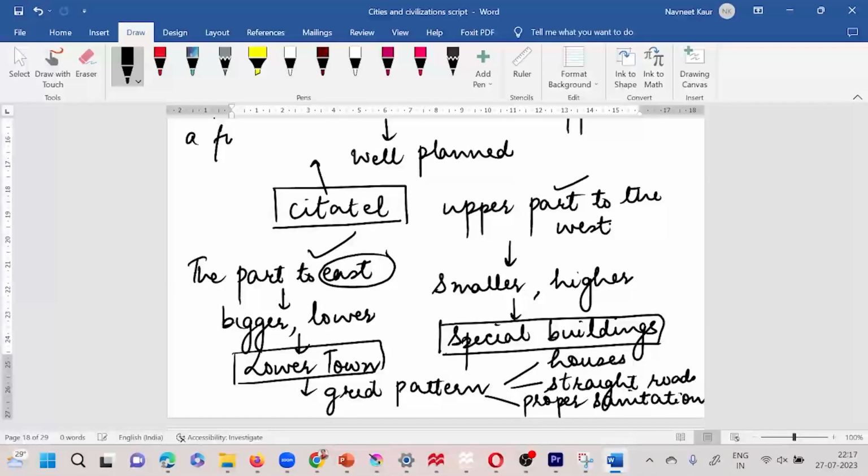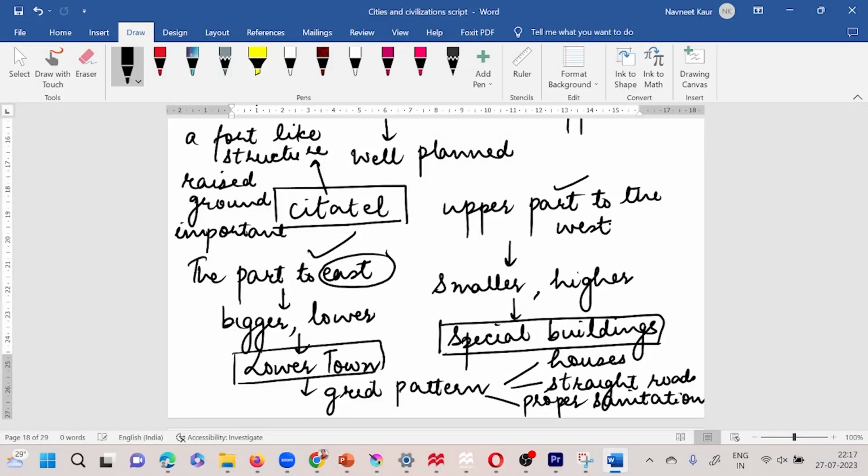It is a fort-like structure built on raised ground, and it had some important buildings built at that place.